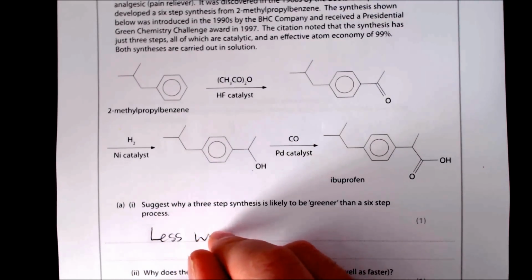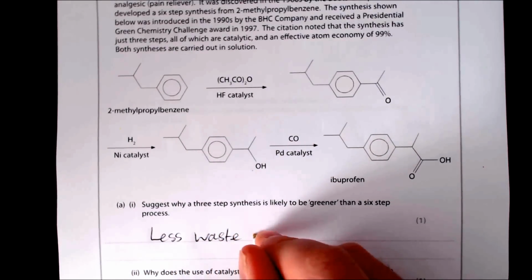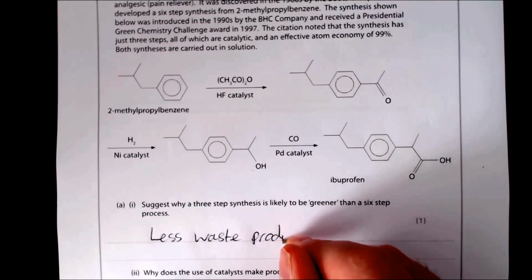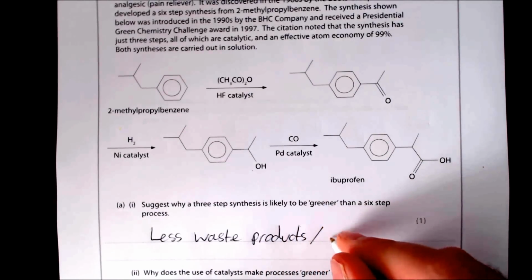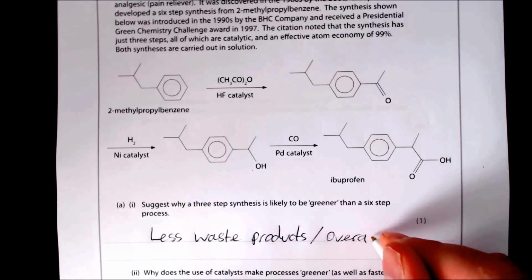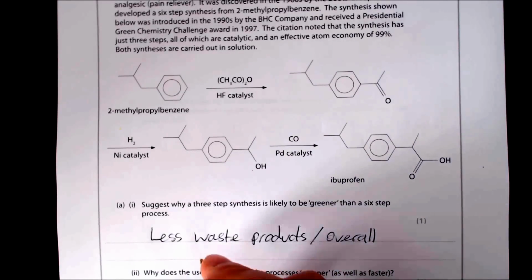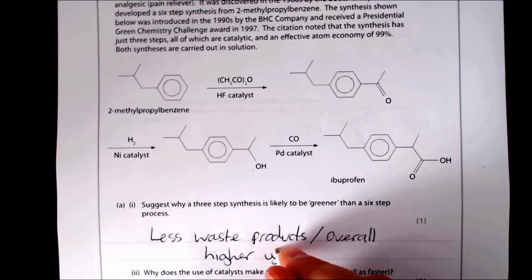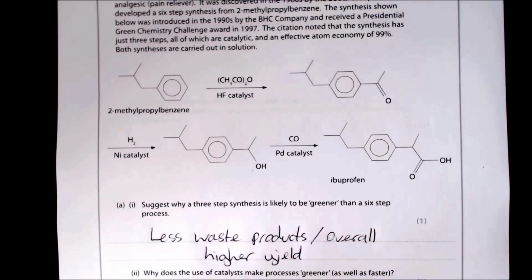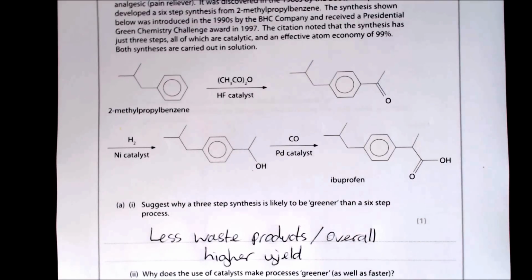So less waste products, and so therefore we're going to have an overall higher yield, because obviously the more steps we have, if we're transferring from one beaker to another, if we do that 6 times over, we're going to be losing product. So the fewer steps we can do it in, the better. We're not losing as much of our valuable chemical.